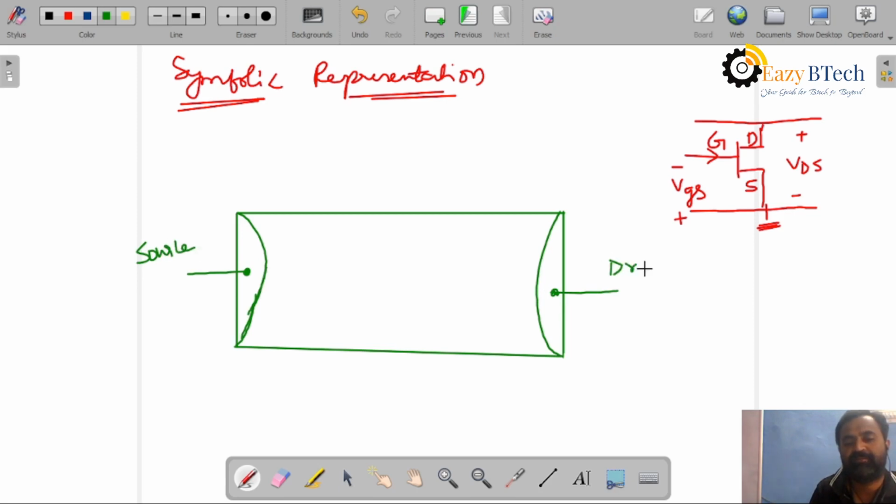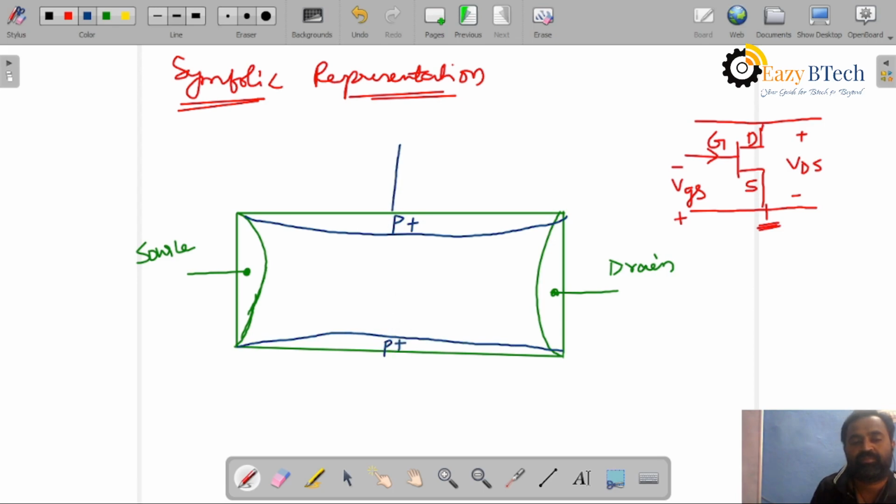This is a drain. This is a gate terminal.